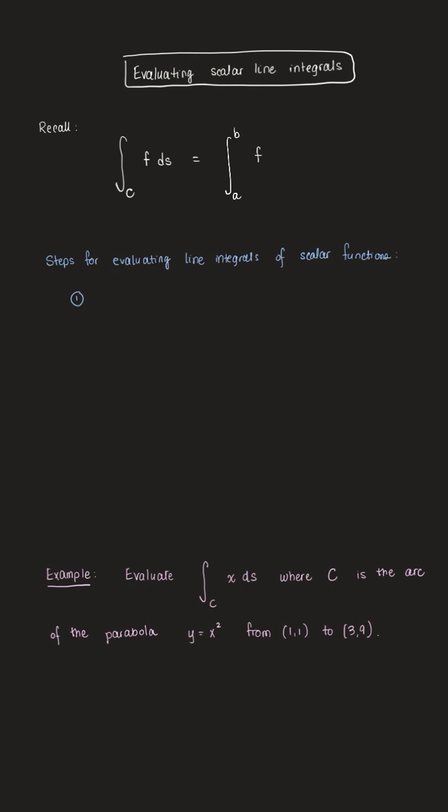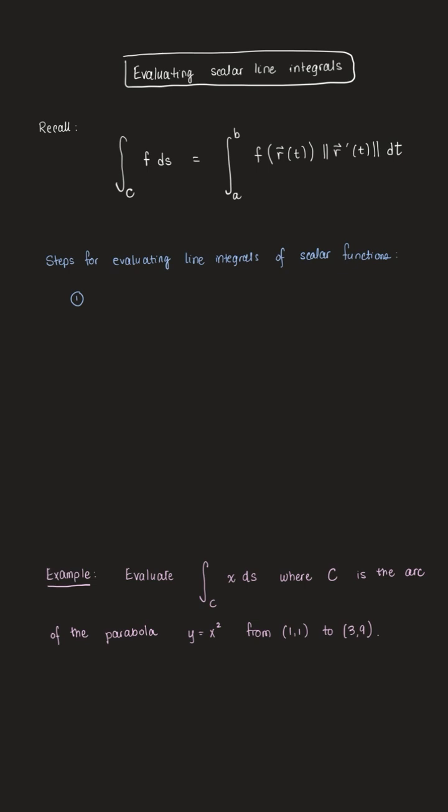We evaluate our function at a point on our curve, and we have to multiply by the arc length differential, which is the magnitude of r prime of t dt. So this is how we actually calculate a line integral, assuming that it's defined from t equals a to t equals b. So let's go over some steps, and then we'll evaluate our first line integral.